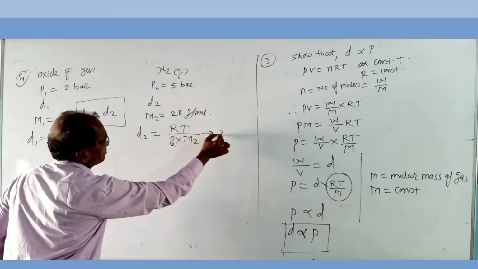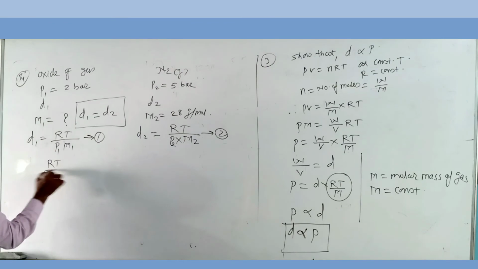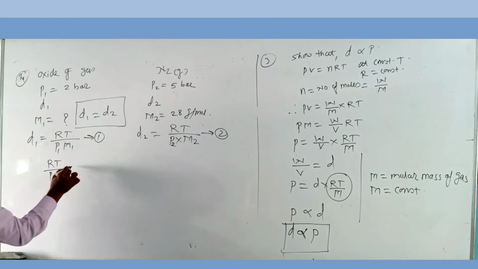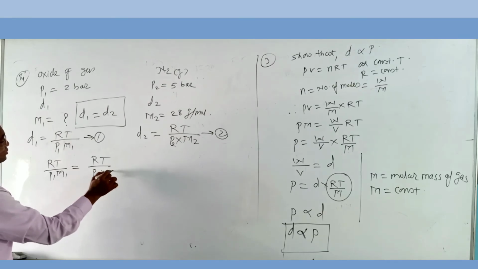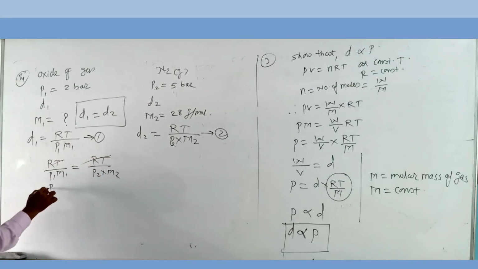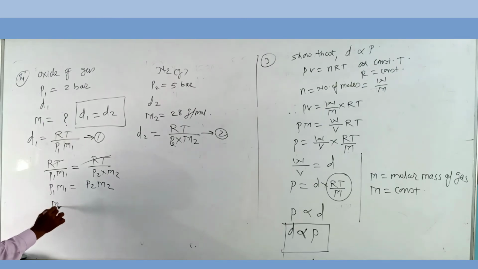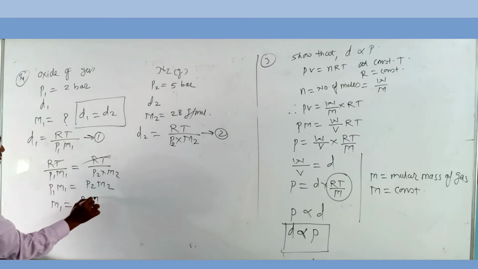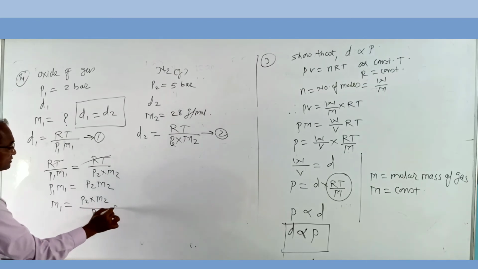Therefore, equation first and second, their right hand sides are same. That is, RT upon P1 into M1 is equal to RT upon P2 into M2. RT cancel. Therefore, P1 M1 is equal to P2 M2. M1 is equal to P2 M2 divided by P1.